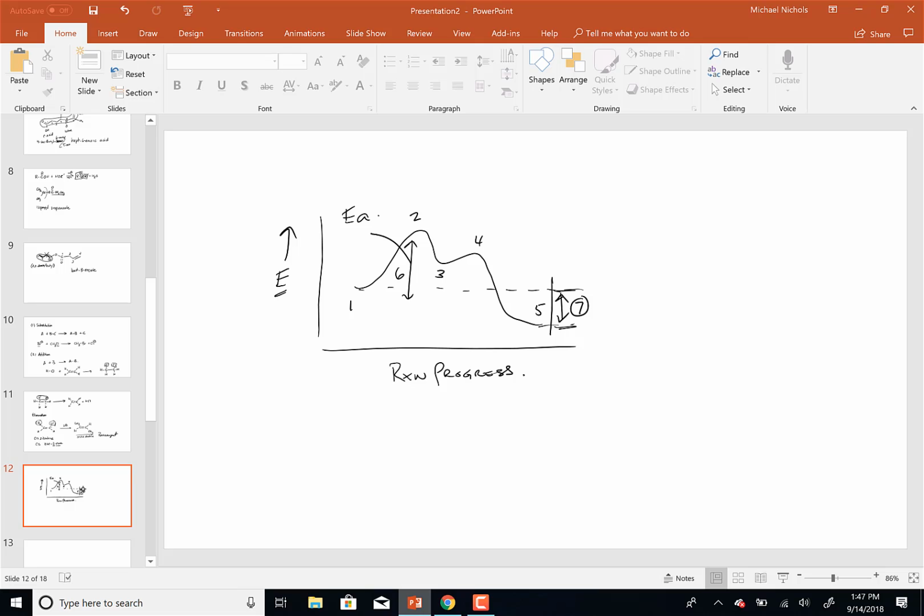Exo or endo, those refer to a change in what? Not delta G, but delta H. So the 7 is the delta H of the reaction, the change in enthalpy.